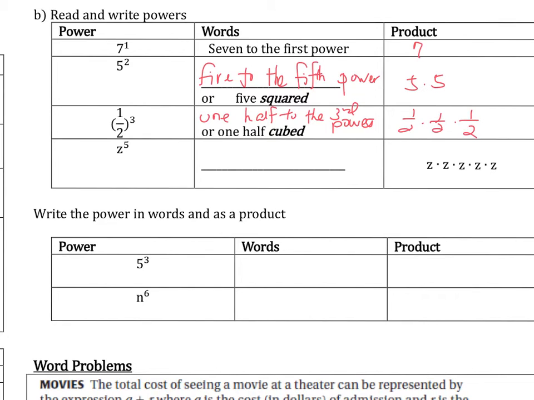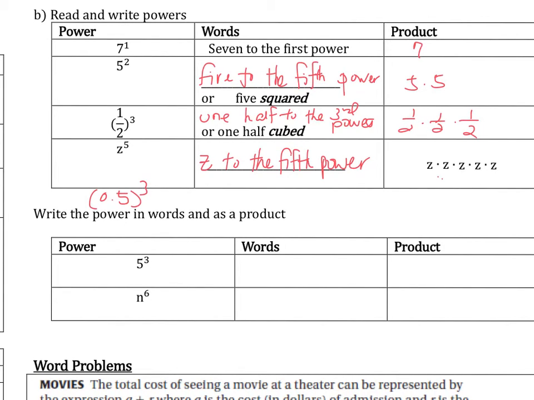The next one will be z to the 5th power. So z dot z dot z dot z dot z. Let me give you another one. What if I give you 0.5 to the 3rd power? We actually don't read 0.5 as a 0.5.